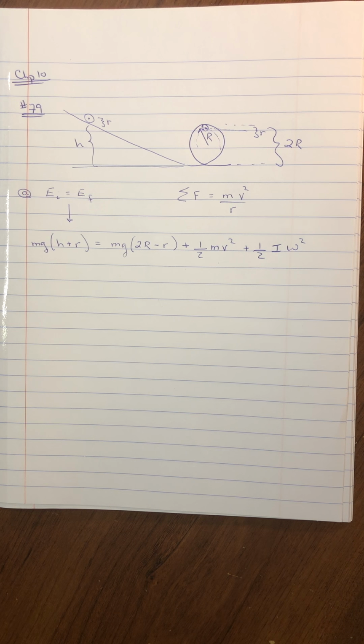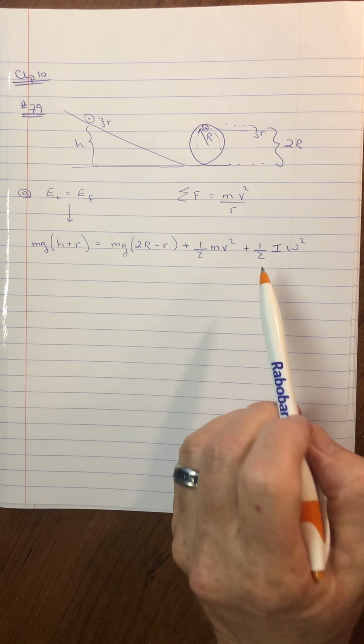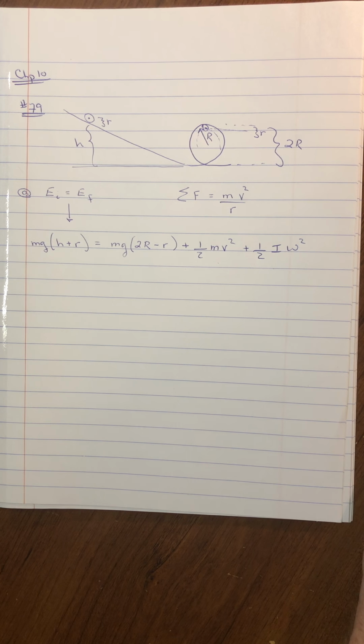So this could be a hard problem, although they only listed it as a blue one. But you've got to put all those pieces together, and that's really, I think, what makes this chapter hard. I think this one or the next one, but probably this one, is the hardest of the semester, chapter 10, because again, we've got to make sure we realize that both things are going on, both a translation and a rotational energy.